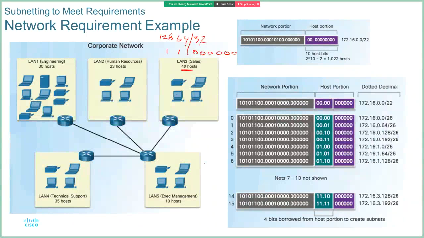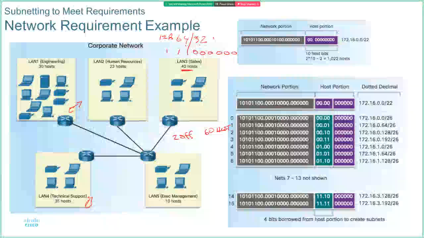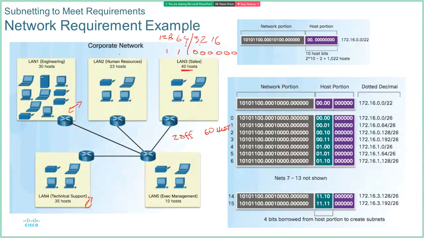Now, are there any others that are above 30? Yes, there is. There's the 32. So I need 2 networks that support 60 hosts. All right, then you come down. There's that one. So 30 hosts. The next breakdown after 30 is 16. So which networks do range between 30 and 17 hosts? So these 2.